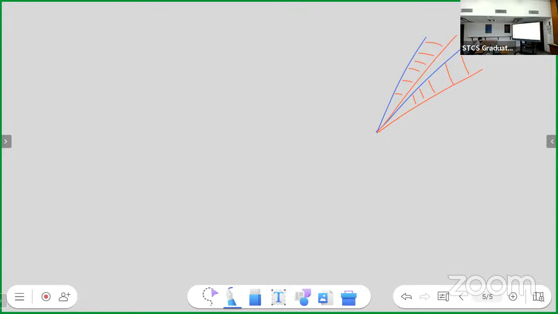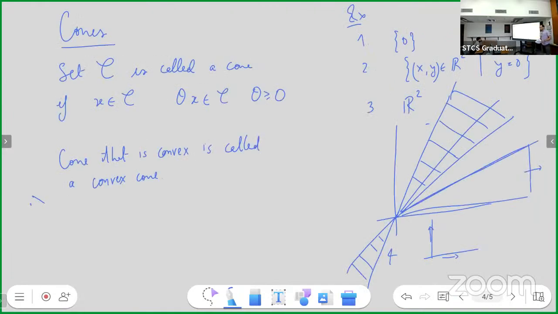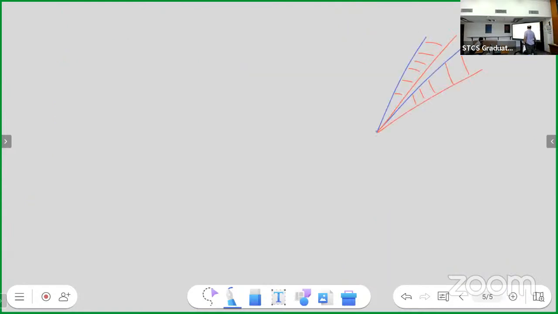If theta is 0, then that can be included. You have to be careful with the definition, since we think of this as a subspace in some sense, and a subspace contains zero. Okay, other definitions. I said a few definitions today.